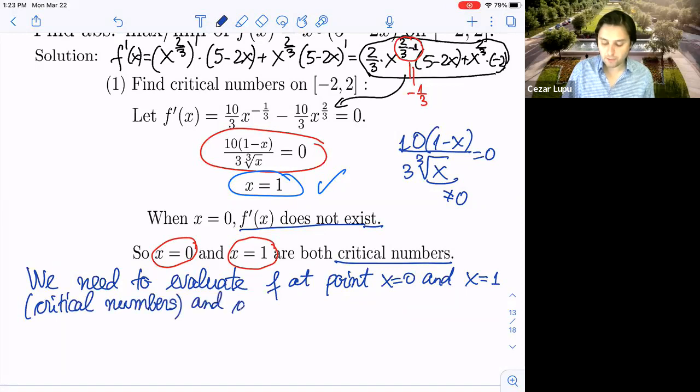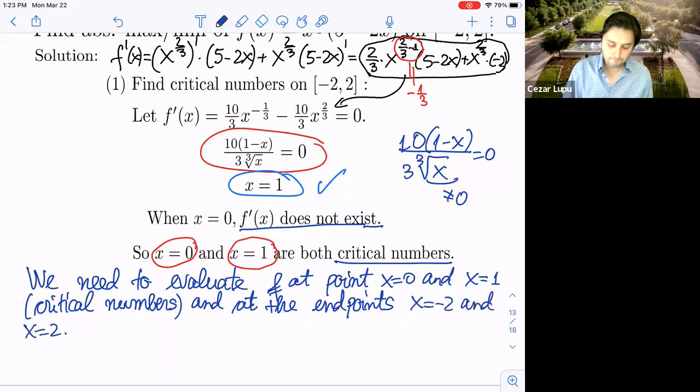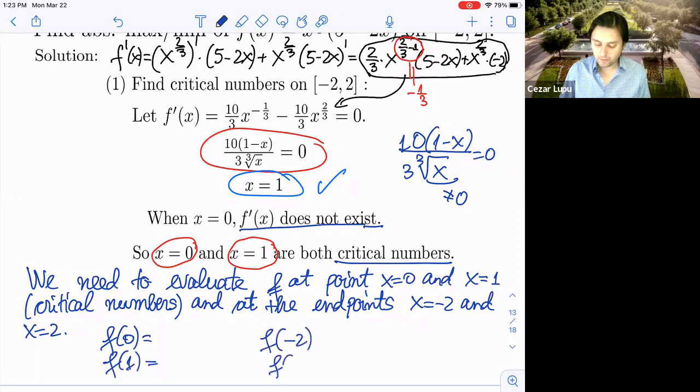And at the endpoints, x equals -2 and x equals 2. So in other words, we need to see f of 0, f of 1, f of -2, and f of 2. So we need to see these 4 numbers.